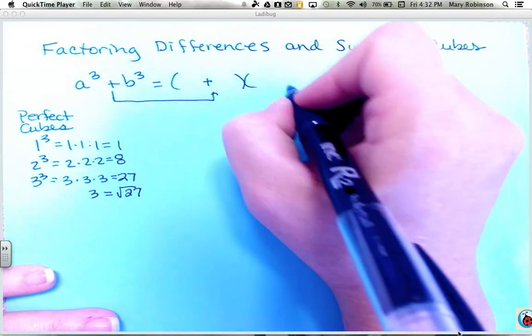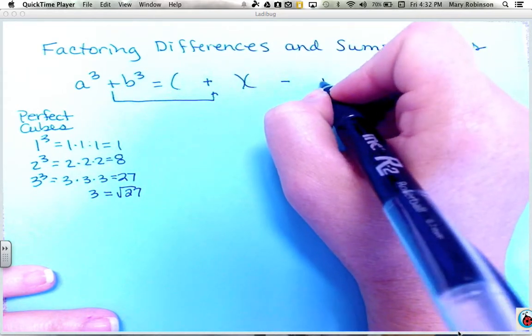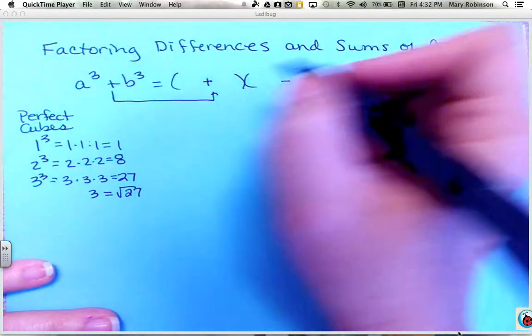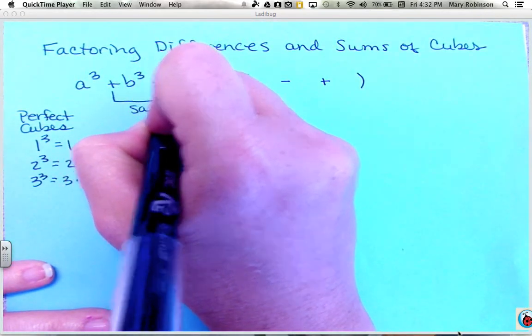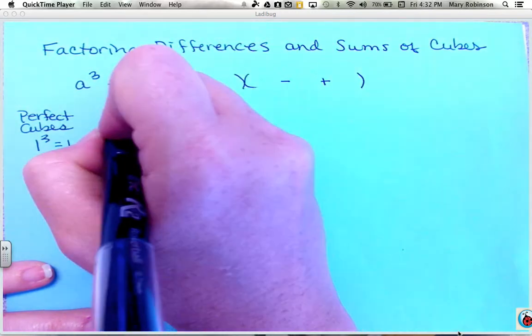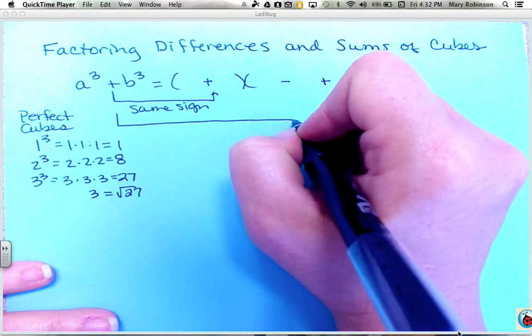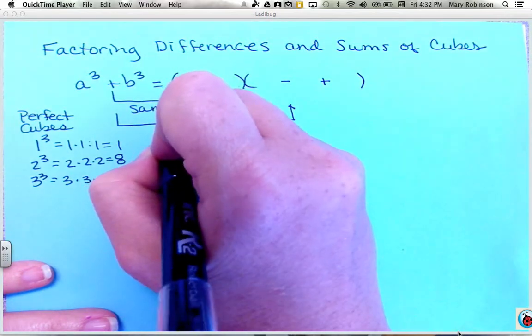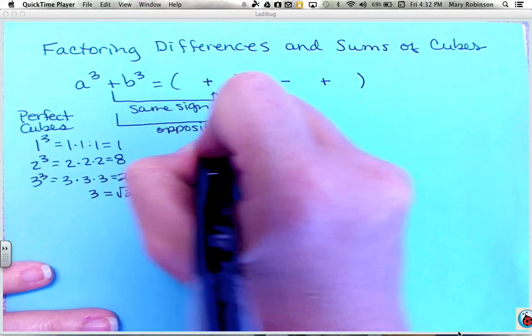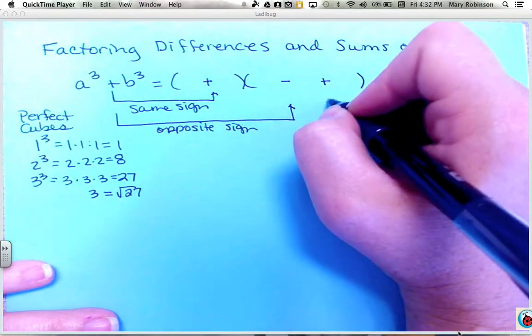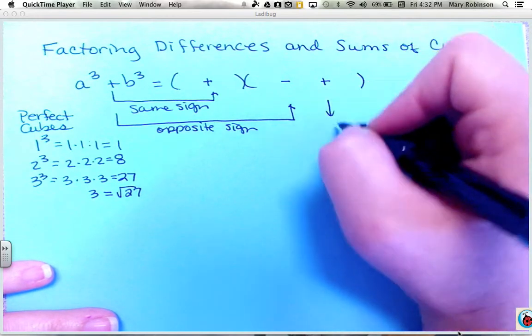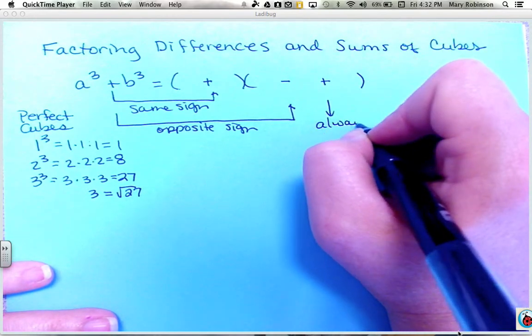Your other signs will be minus and plus. Okay? So this will always have the same sign. It will always have the opposite sign here. And that sign there will always be positive.